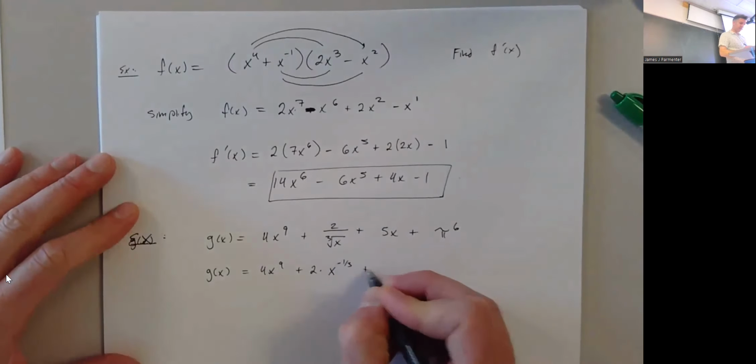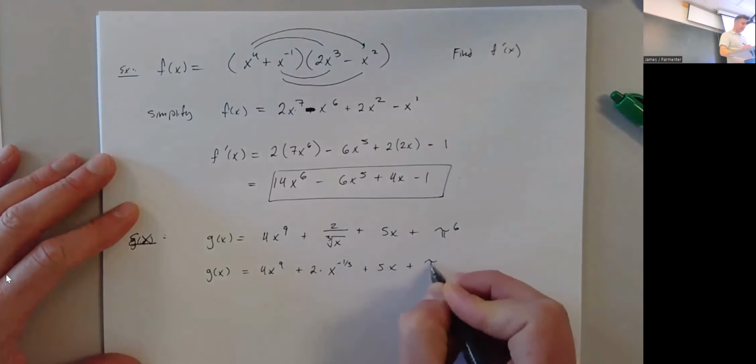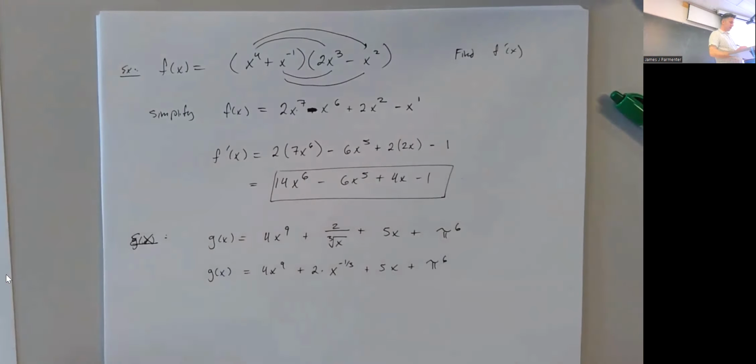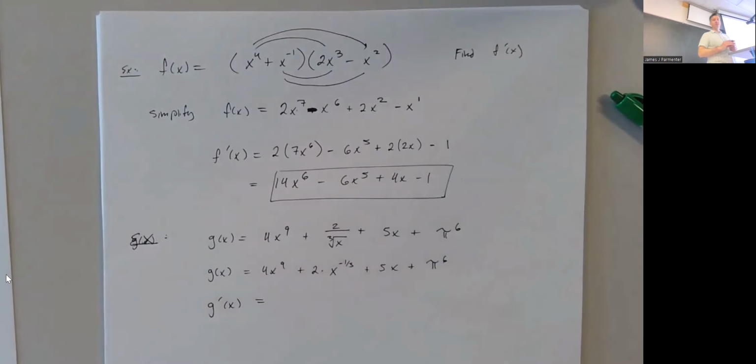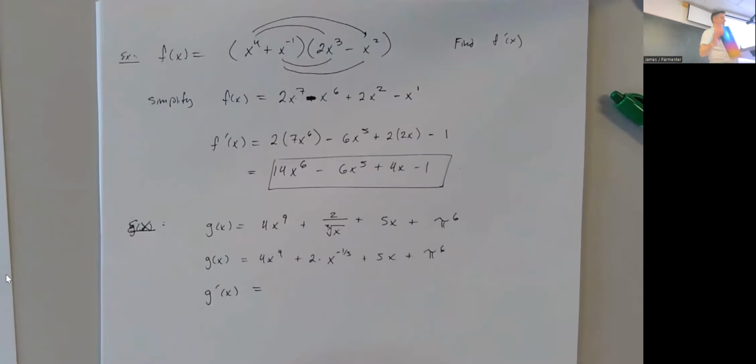So if you make that simplification, now you're good to go ahead and take the derivative. So go ahead and find g prime of x, showing as much or as little work as you wish.